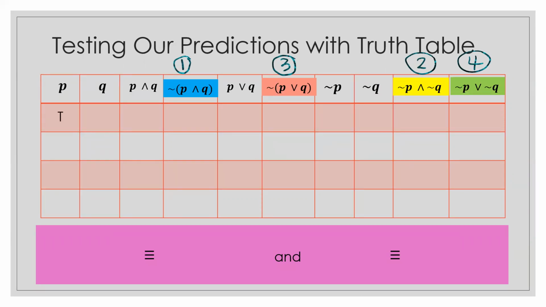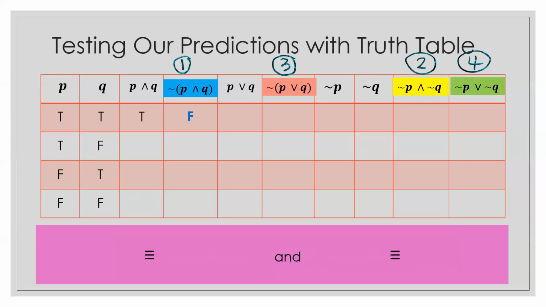So here they are: true, true; true, false; false, true; and false, false. If true and true, the statement is true. True and false, the statement is false.